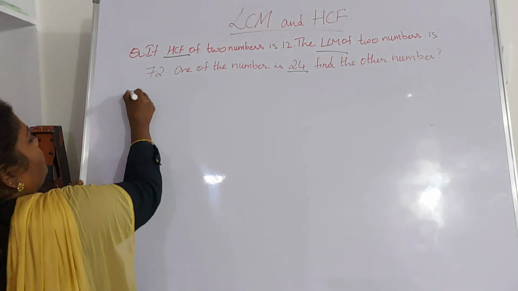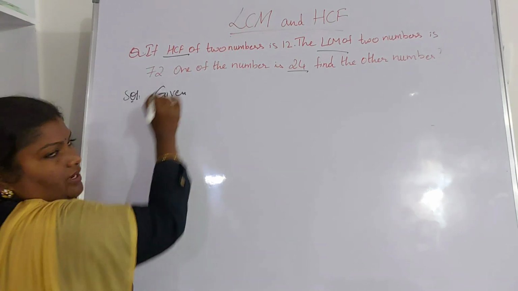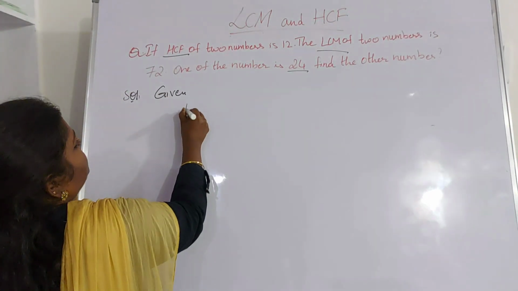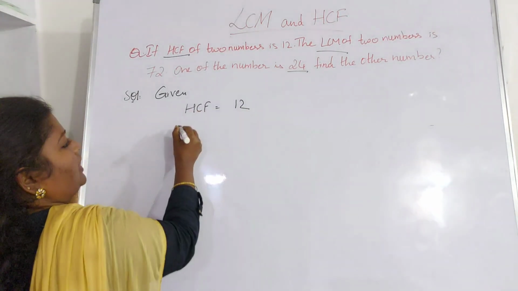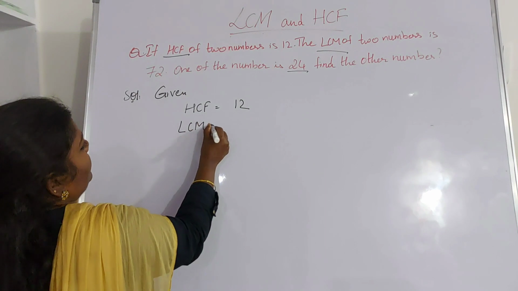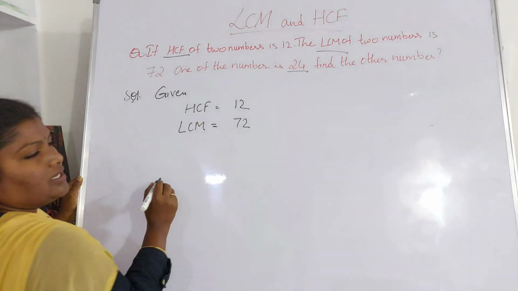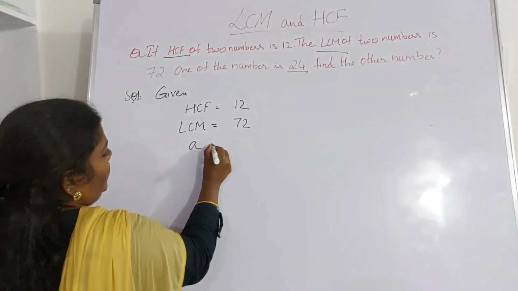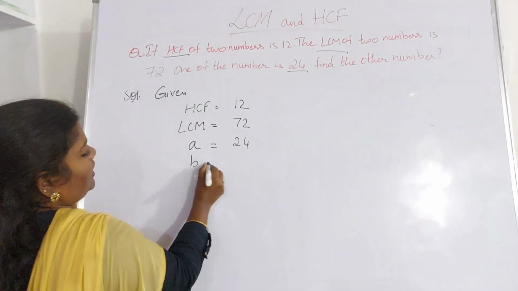So let me list out what is given. HCF is 12, LCM is also given, that is 72. One number is given, so I am assuming it as A, that is 24, and you need to find out the B value.